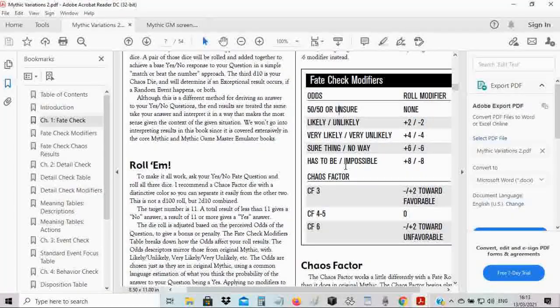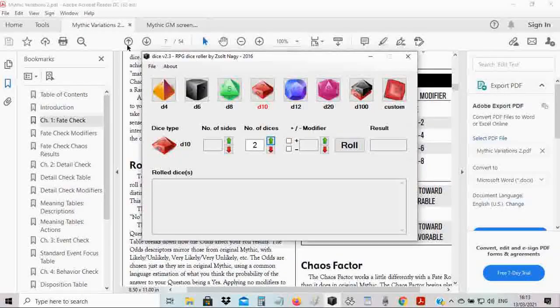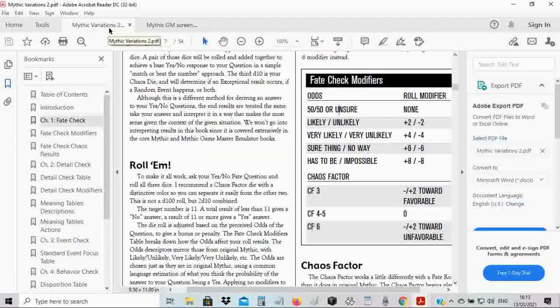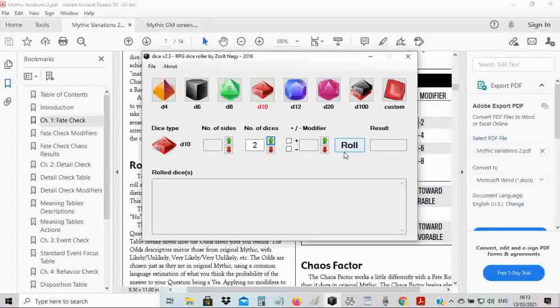So let's try something here. I'll use the same example. Is it raining in the game? Let's go back with unlikely so you don't get confused. So unlikely is minus 2. Now let's roll for it and see what happens. Remember, if the result is 11 or above, it's a yes.